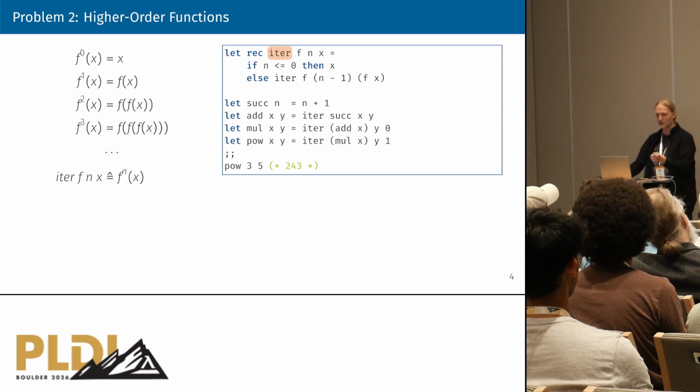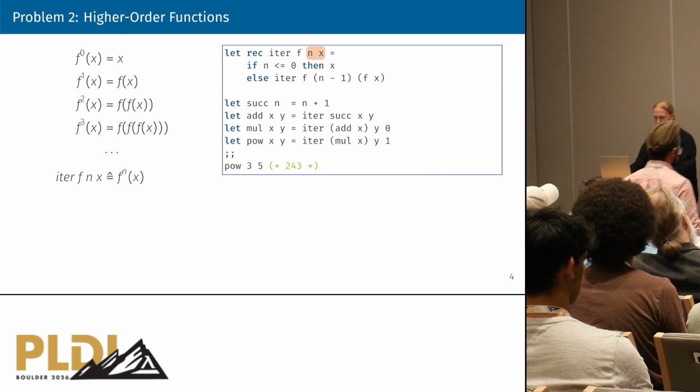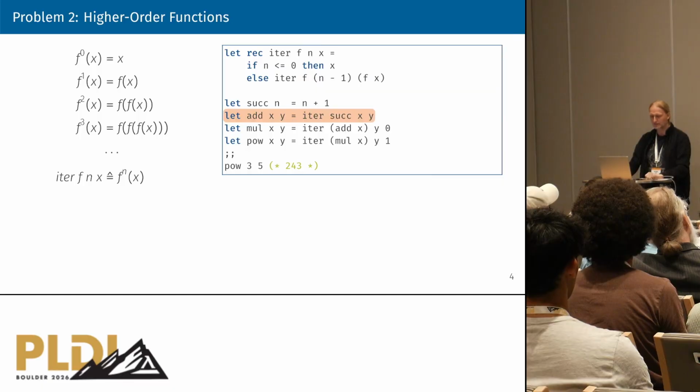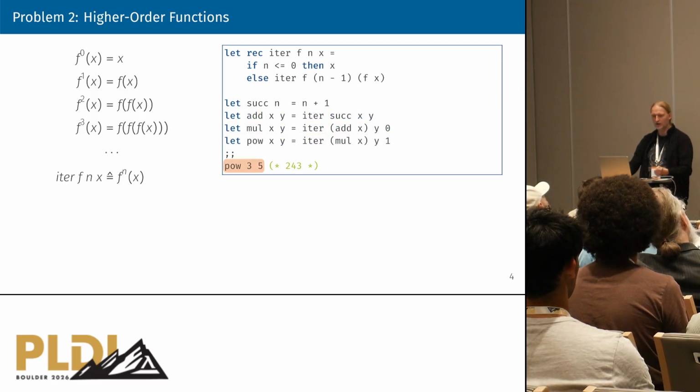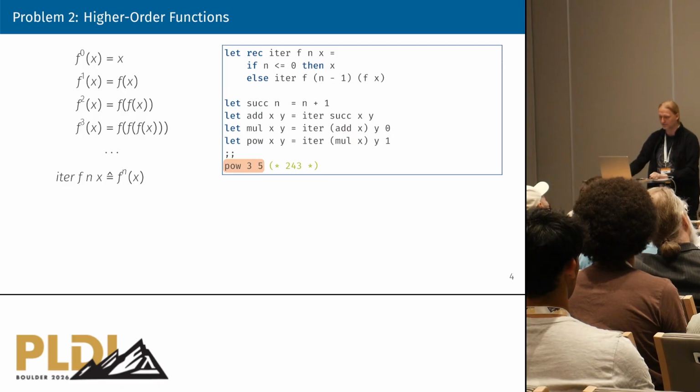Here we have this function eta that takes this function f as an argument, and here we get the arguments n and x. With this eta function, for example, we can successively use partial application to build addition, multiplication, power, and then compute 3 to the power of 5.